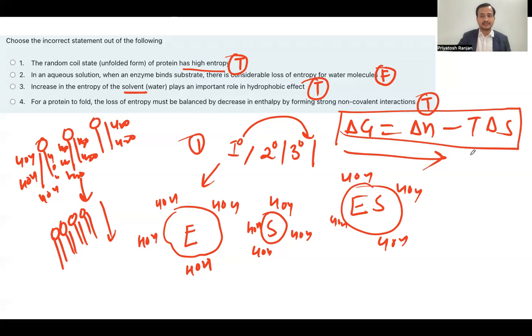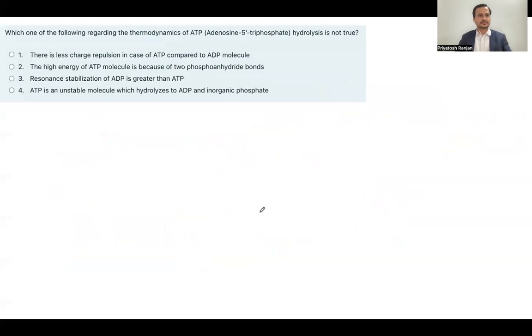So this loss of entropy is generally balanced by the decrease in the enthalpy, this delta H parameter, by forming strong non-covalent interactions, which could be dipole induced dipole, London dispersion forces, cation-pi interactions, and salt bridge interactions, which is a combination of electrostatic interactions as well as hydrogen bonding. So coming back to this question, what is the incorrect statement? It's the second one. Next question.